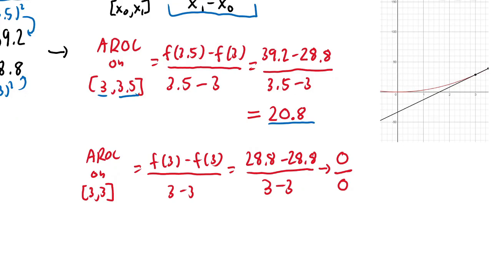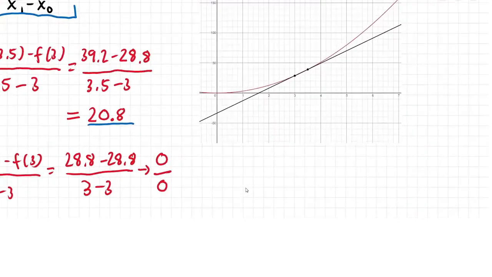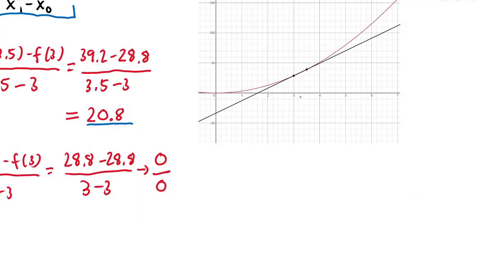And what we ended up getting was this nice graph over here. So remember, if this is 3 and this is 3.5, it might be a little hard to see given the scale of the graph, but we know that the y value over here has to be about 39.2, and for the second point down here, it's going to be 28.8. Sorry, I said 20.8, but that should be 28.8.